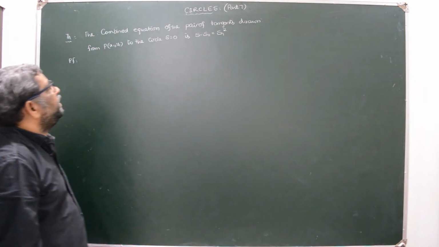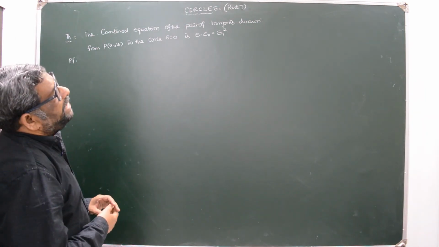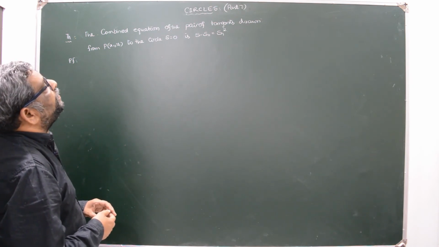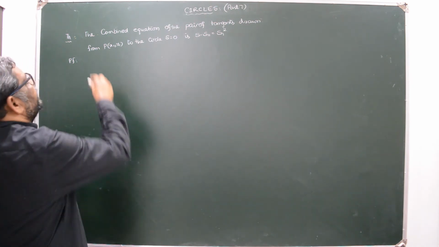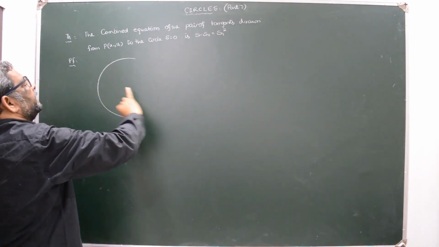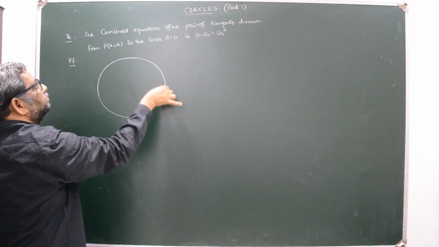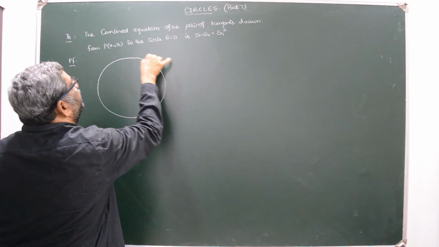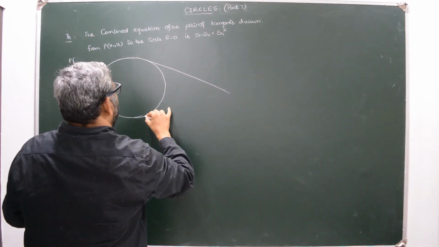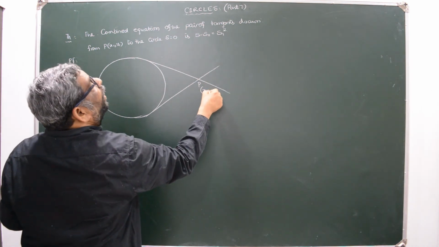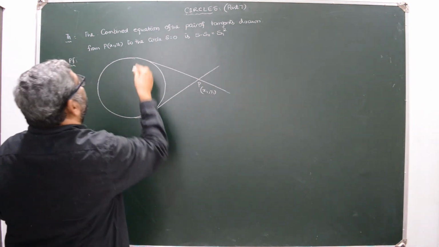The next theorem is: the combined equation of the pair of tangents drawn from P(x1, y1) to the circle S equal to 0 is S into S11 equal to S1 square. Let us consider a circle. Let P be an external point whose coordinates are (x1, y1).